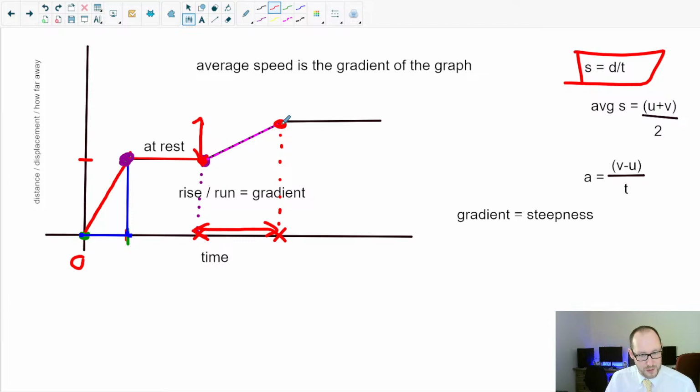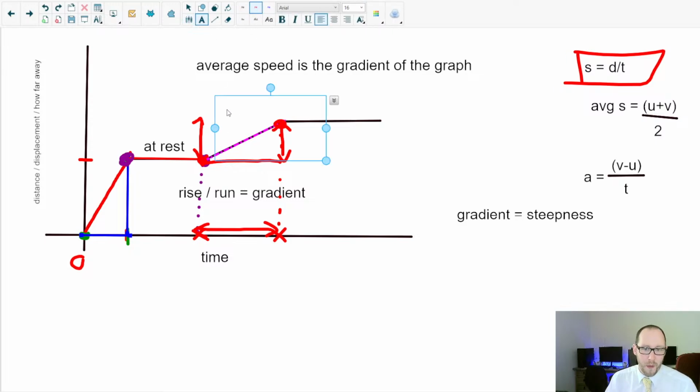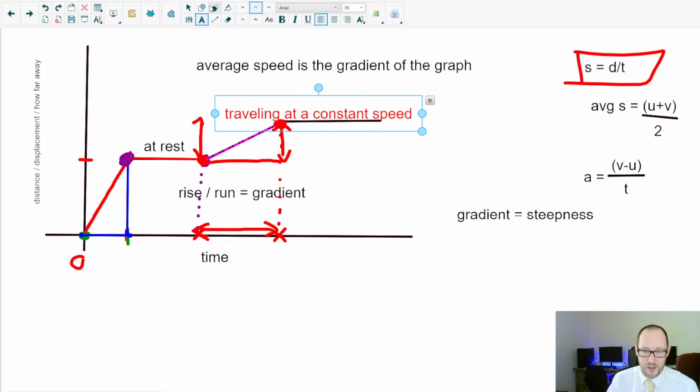Okay, so it would be the difference between those two numbers. I hope that makes sense. All happy? So once again, I end up with a gradient calculation, or I just put in the distance traveled divided by the time taken in my equation, and I can find my average speed. Now that average speed is going to be nice and steady, so we can say that no matter what the number is, this is traveling at a constant speed in that section.